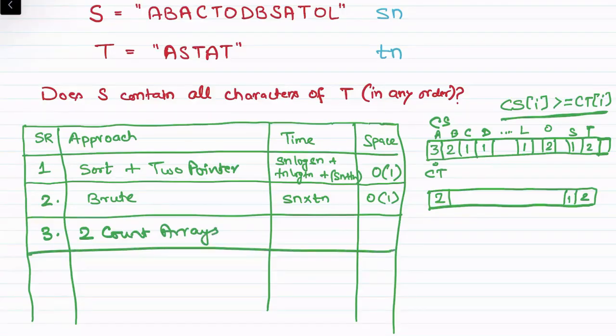So we will have Sn to fill the first count array, Tn to fill the second count array, and 26 is the comparison we do for both count arrays, finally to tell whether T is covered in S or not. And in this case, if you notice, we have taken two count arrays, so our space is 26 plus 26.